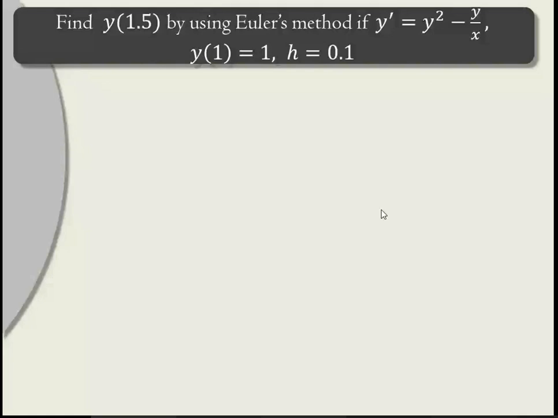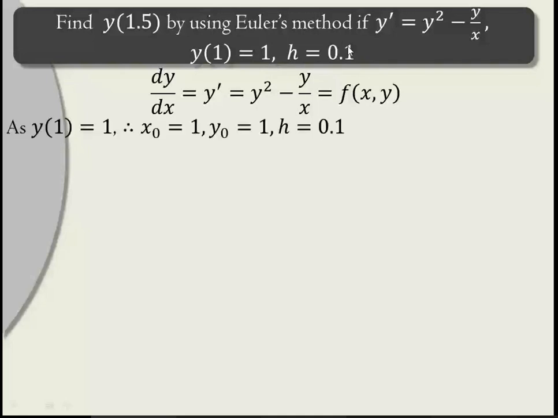Okay, so we are given the function, y dash means dy by dx, that is f of x, y square minus y by x. y at 1 is 1, so the value of x naught is 1 and y naught is also 1, and h is 0.1. So start with x naught, add h to it and continue adding h until we reach 1.5.